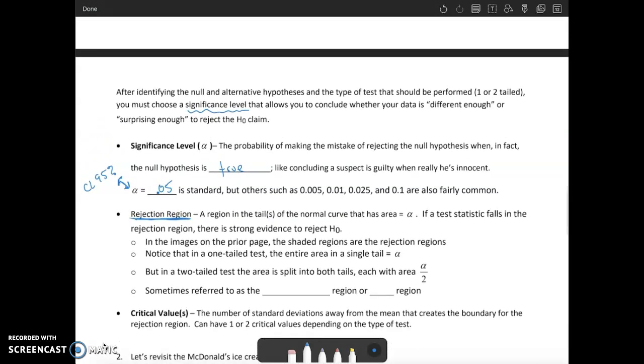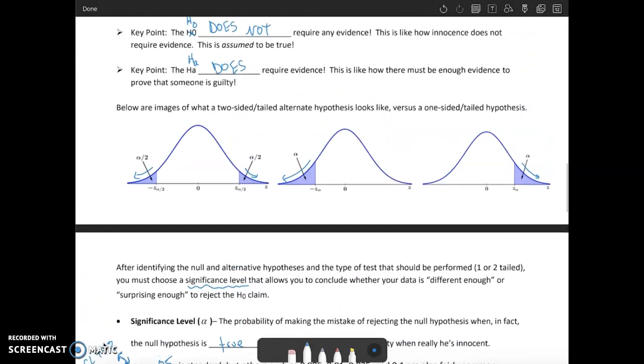Notice that in a one-tailed test, the shaded region is all in a single tail equal to alpha. So in the one-sided less than test, the shaded area over here to the left has an area of alpha. Or in the one-tailed positive side test, this upper tail has an area of alpha.